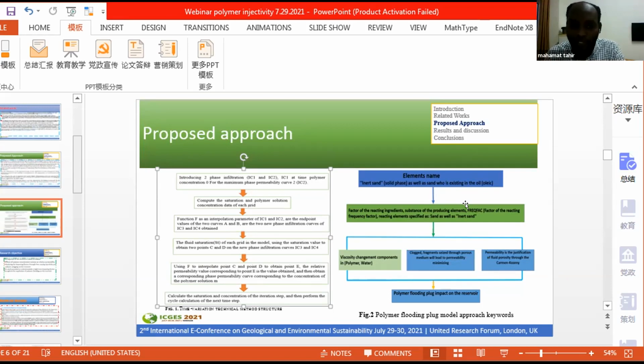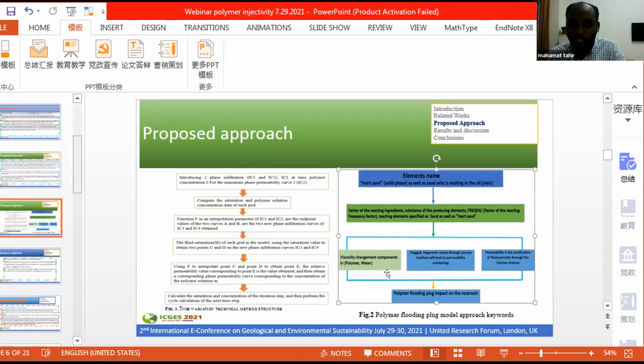For sure, sand is present here as a solid, the non-moving sand, which is present in the oil, and other reacting factors also have effects on the oil. With the presence of the inert sand, which is solid or non-moving, there is also moving sand causing other effects.